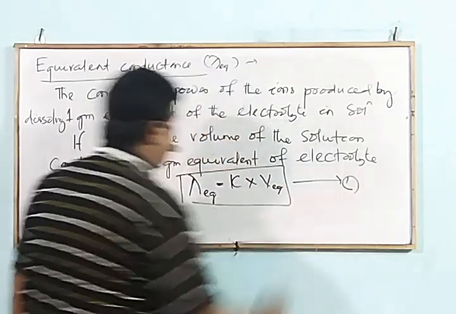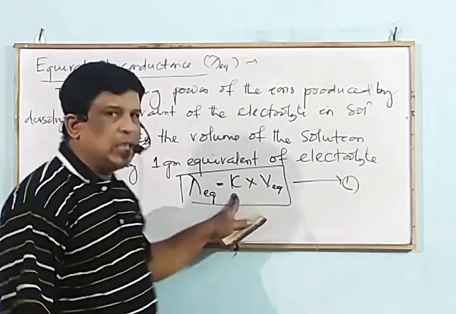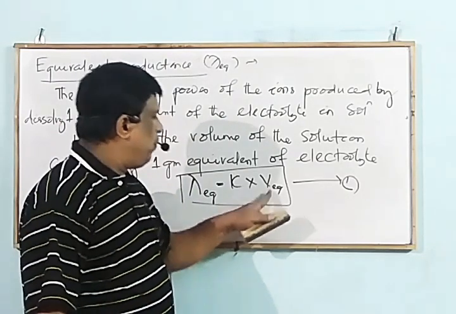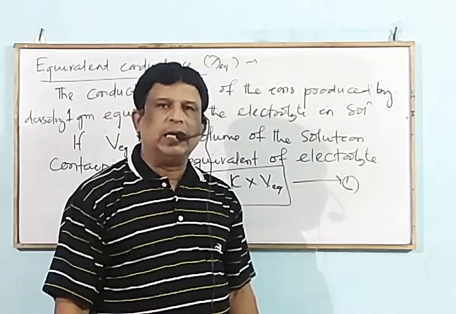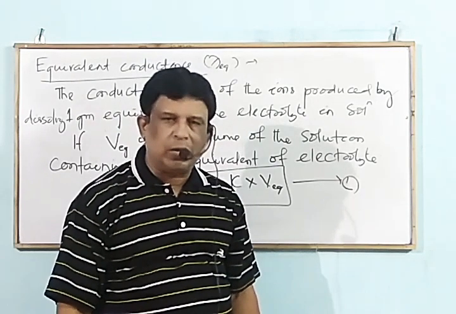Equation 1. Mark that. Where kappa is the specific conductance and VEQ is the volume of the solution containing 1 gram equivalent of the electrolyte.